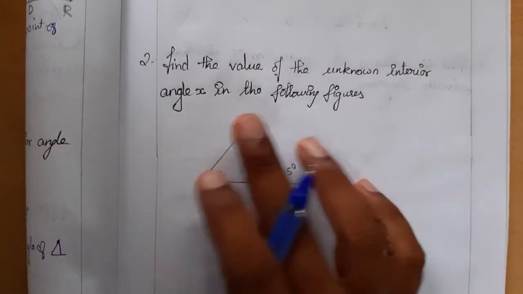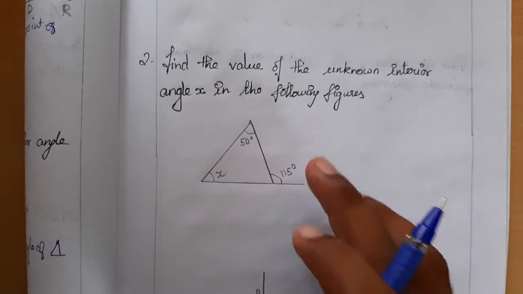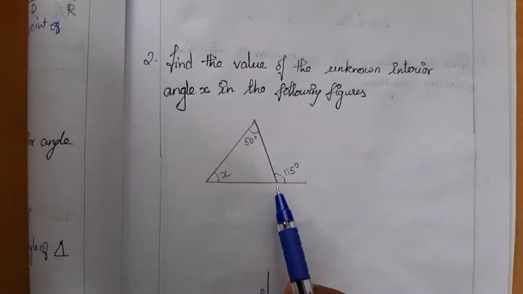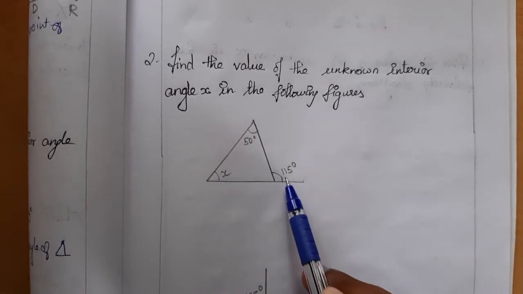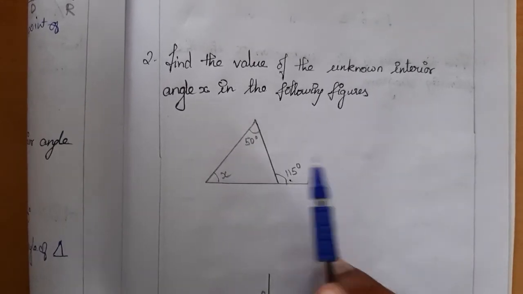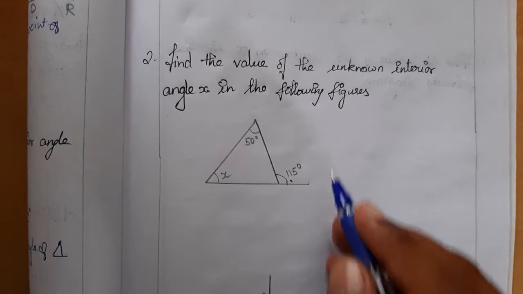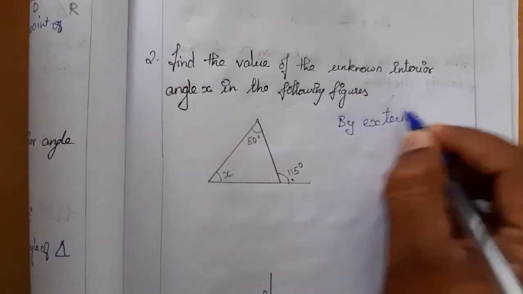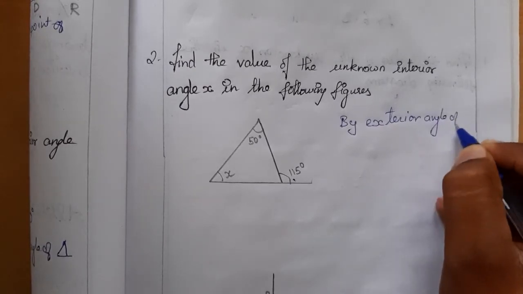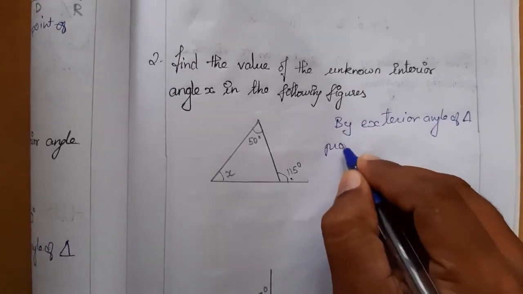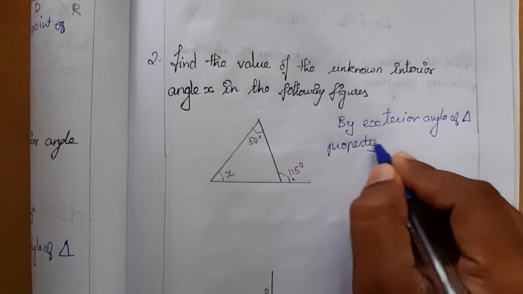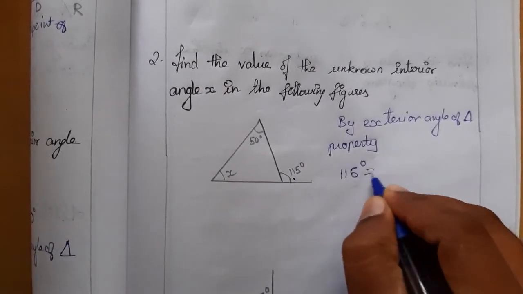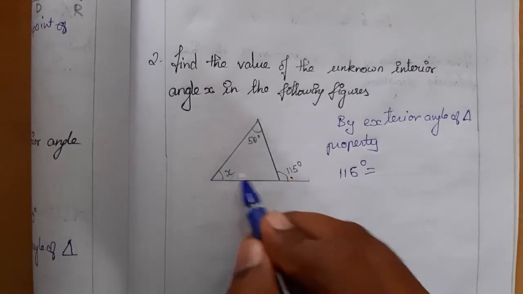So here we go for the next problem. Find the value of the unknown interior angle x in the following figure. The interior angle is unknown, but by this figure we can see that the exterior is given. It is like a simple equation we have to solve. By the exterior angle of a triangle property, we can say that 115 degrees is equal to 50 degrees plus x, right?